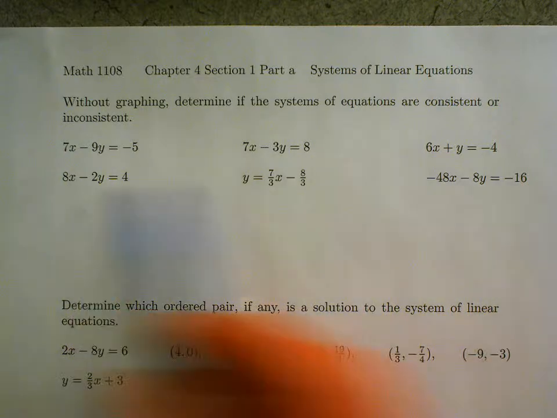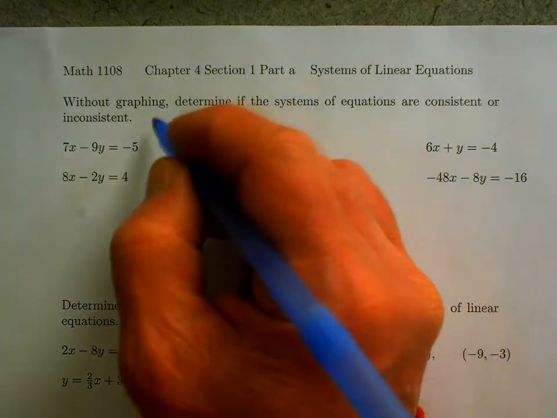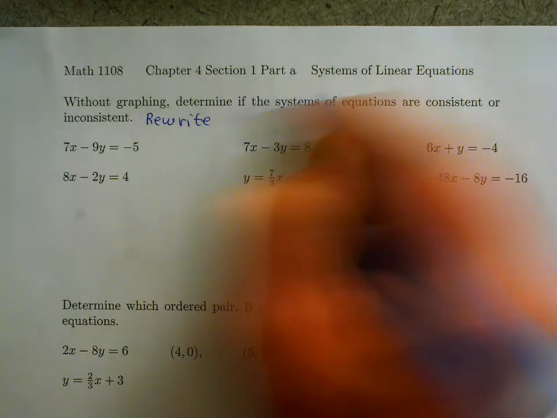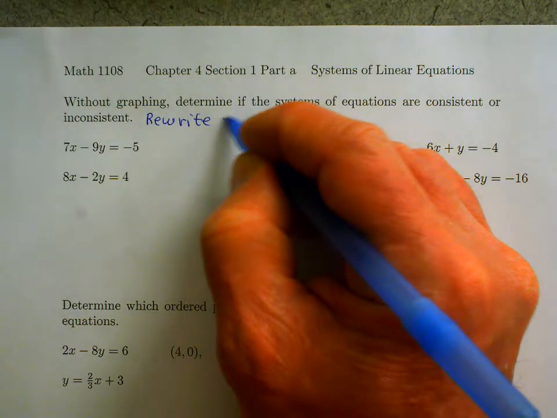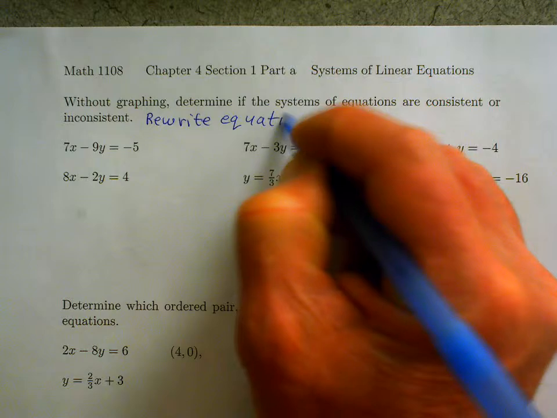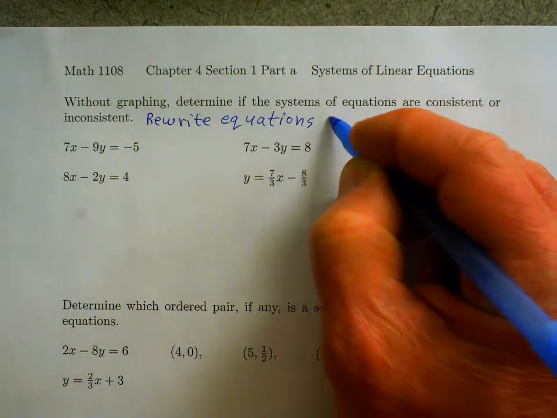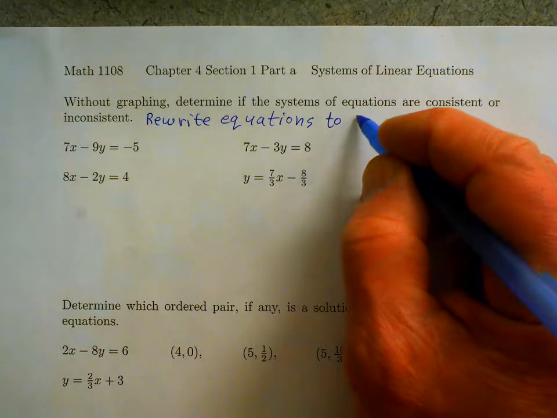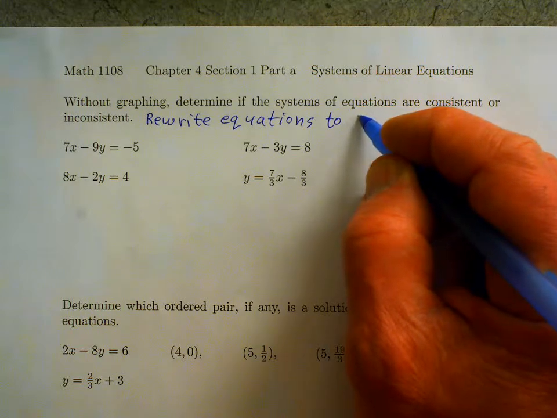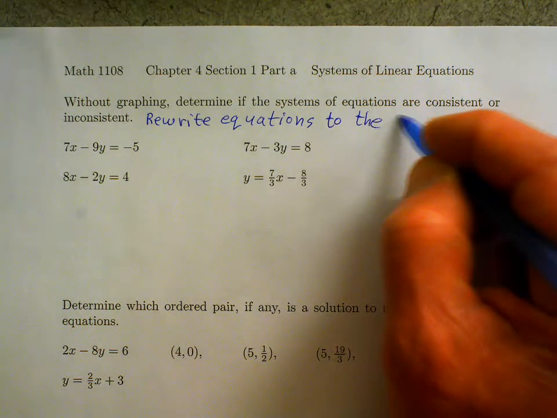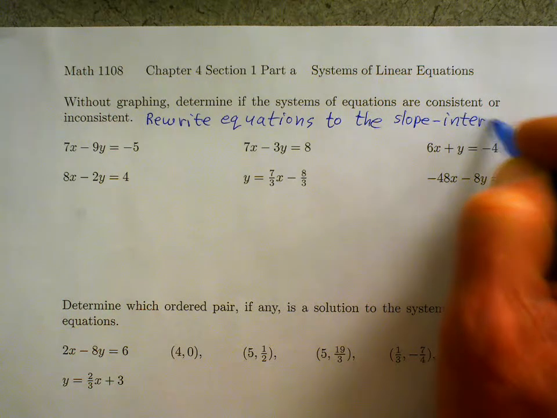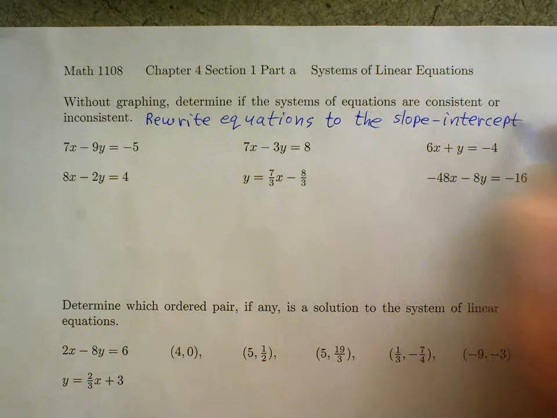So we can answer the questions if we rewrite all equations to the slope-intercept form, the y equals mx plus b form.